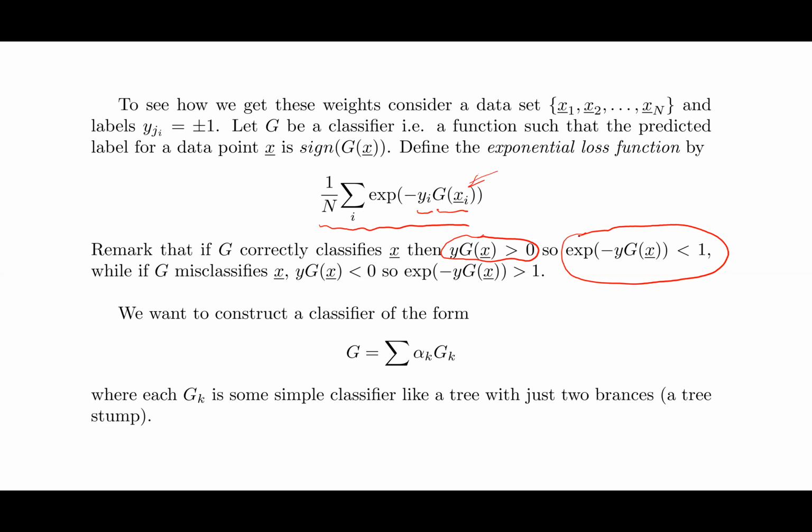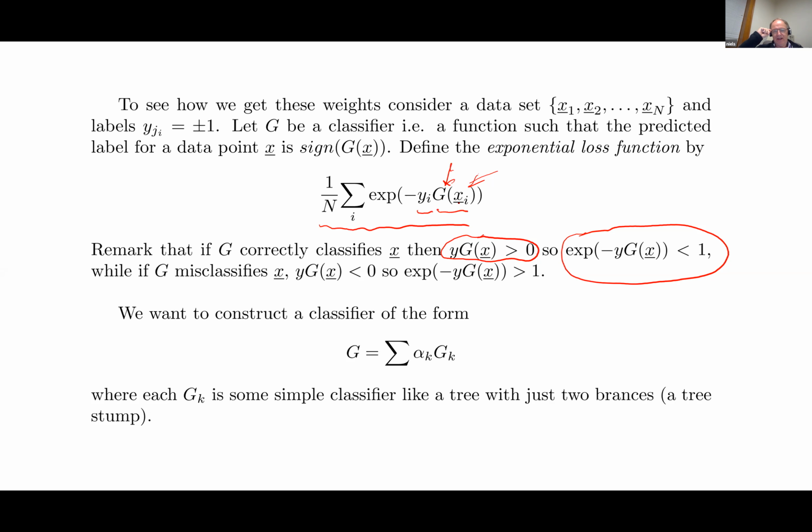Neil, shouldn't that be sign of g(x_i)? Here? Yeah. If it correctly classifies it, that means that this is positive, right? Yes. g(x_i) will return some number that is either positive or negative, right? The sign will lose the magnitude and just keep the sign.